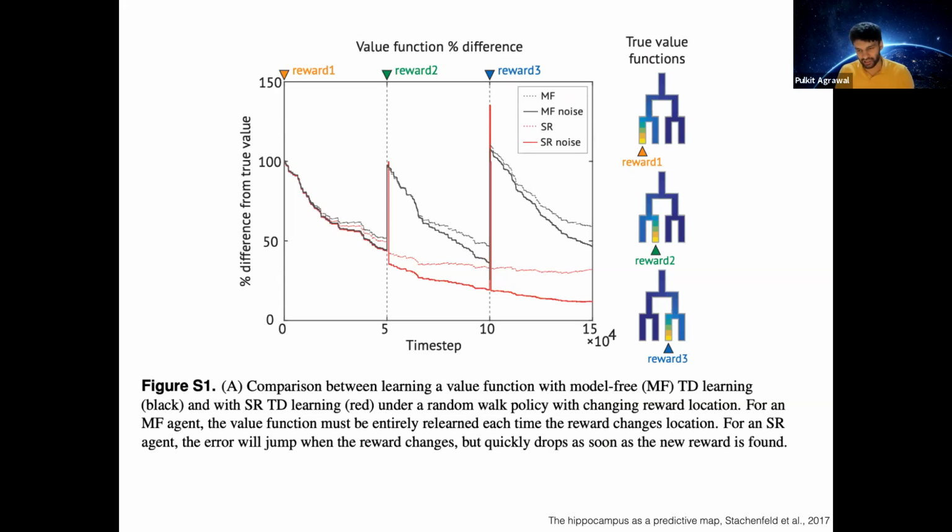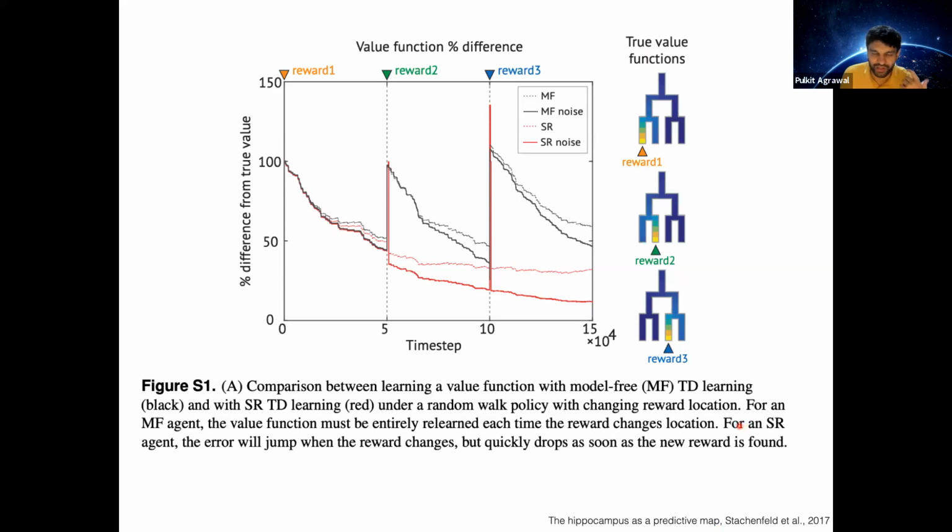Some people also believe in neuroscience that successor representations are one of the things that the brain also uses to solve decision-making tasks. Now, I'm not saying that is the thing the brain uses. It's one of the things which people in neuroscience believe the brain uses, not the only thing.